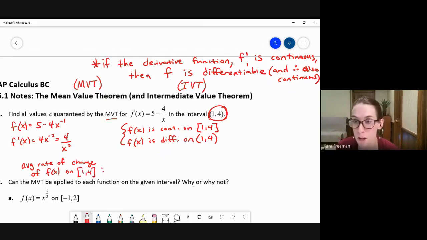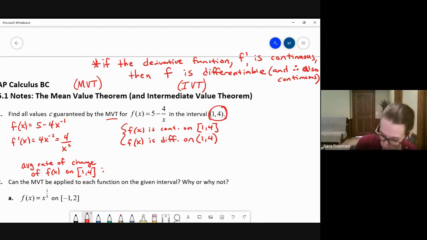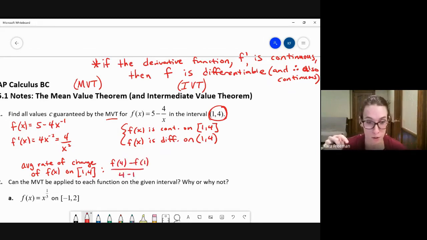If this was free response, you must write down f of 4 minus f of 1 over 4 minus 1. You must write that down. Do you all hear me? If you do not write that down, you will lose a point, because you got to show exactly what you're actually doing. It's called the difference quotient. If you just go straight to the answer, if you do this all in your head, you will lose a point.